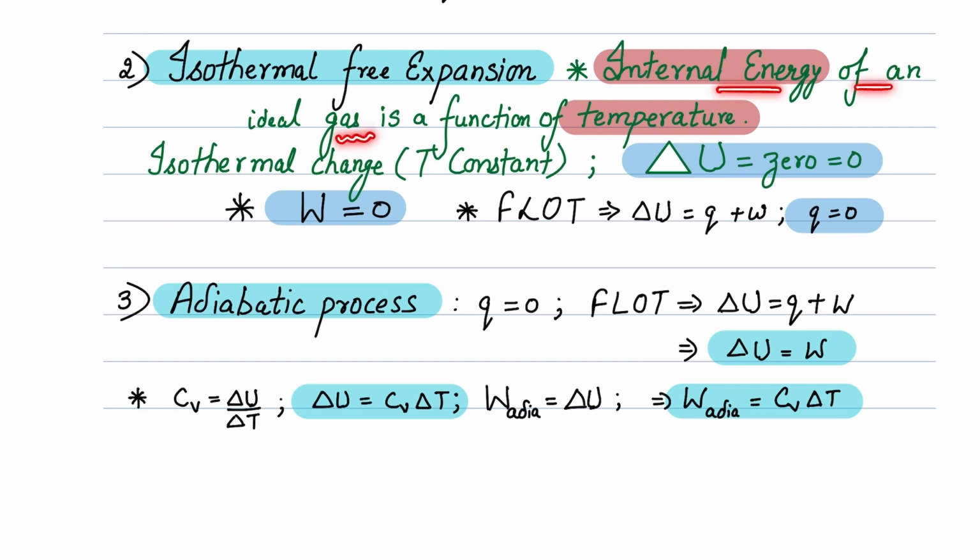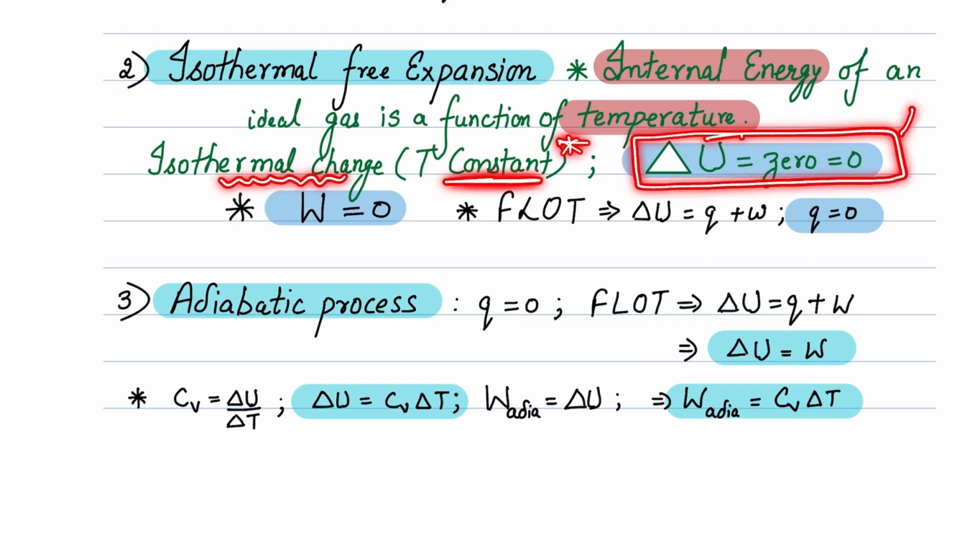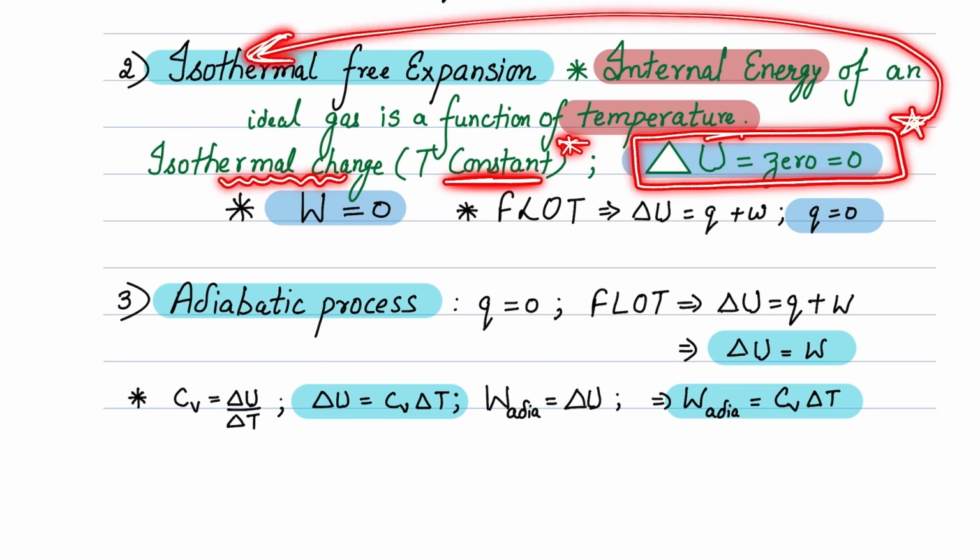This is a very important point, and this should be kept in mind while dealing with the numericals in thermodynamics. So, in an isothermal change, your temperature is constant. So, delta U becomes equal to 0. This is very important point. In the case of isothermal processes, your delta U, that is the change in internal energy, becomes equal to 0, as this is a function of temperature.